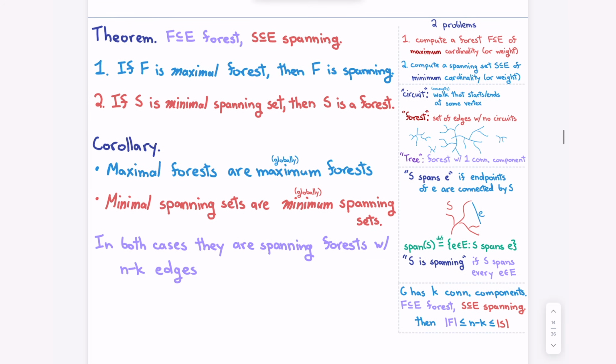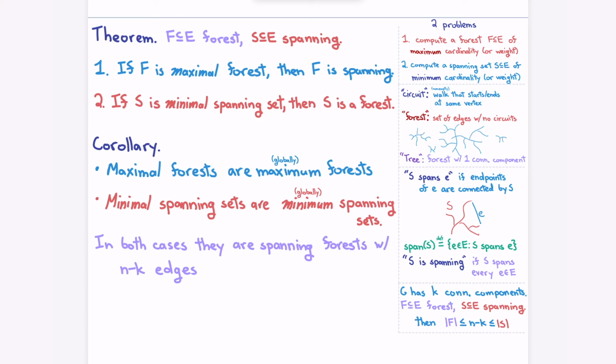So what we showed last time is that maximal is maximum and minimal is minimum, but in a curious way. We showed directly that a maximal forest, where I can't add any more edges, is necessarily a spanning set of edges. And we showed a minimal spanning set is a forest.